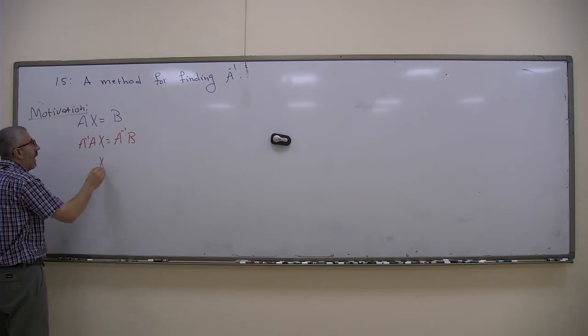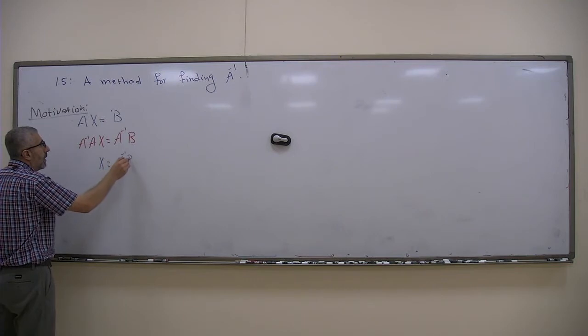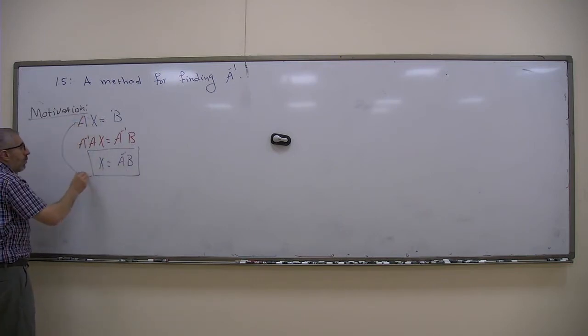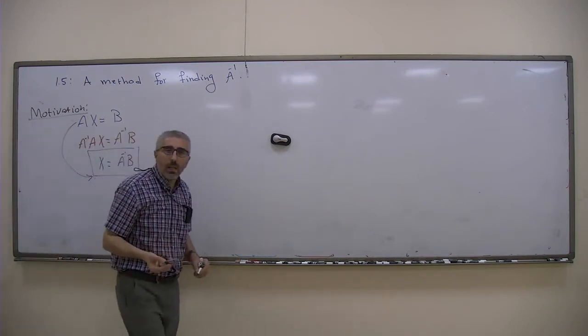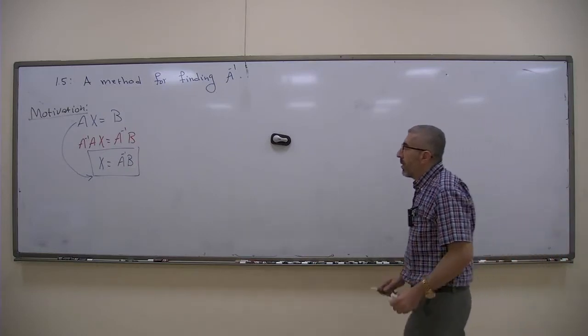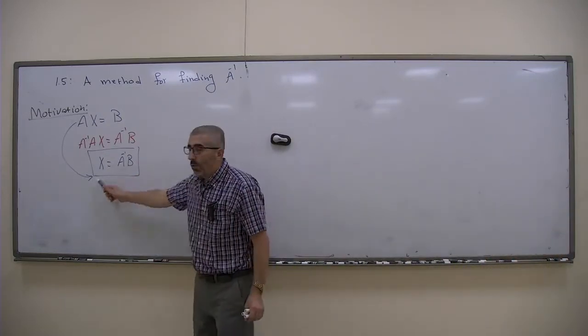So here you get X equals A inverse B. So knowing the inverse of the coefficient matrix will help you to solve the linear system. That is the reason knowing the inverse of your matrix is going to be helpful here.